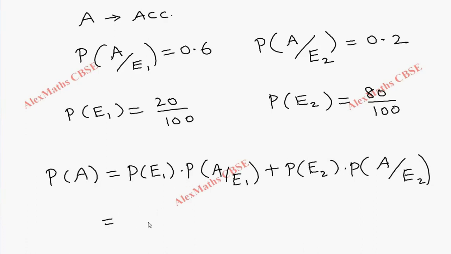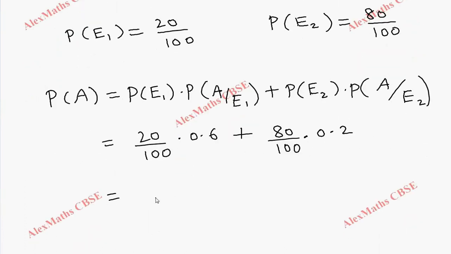Now we have to substitute the value. This is 20 by 100, and this one is 0.6, and E2 is 80 by 100, and this is 0.2.